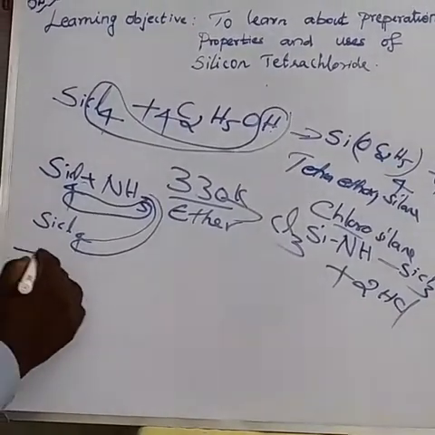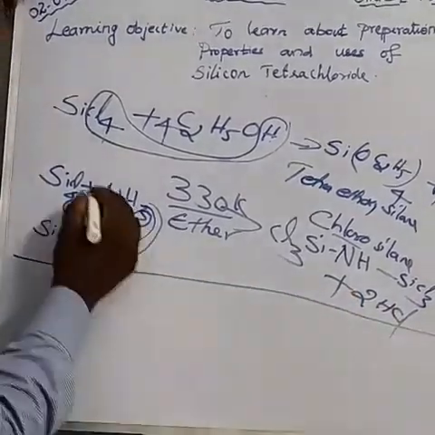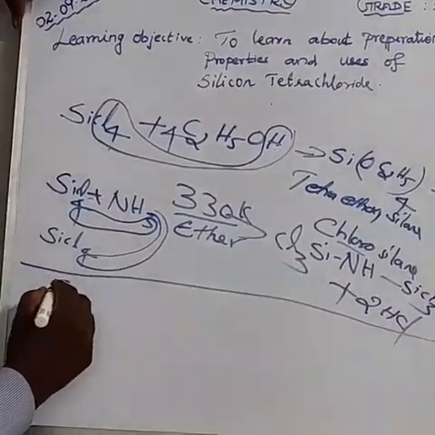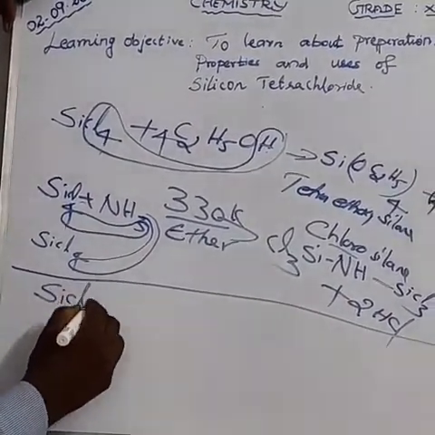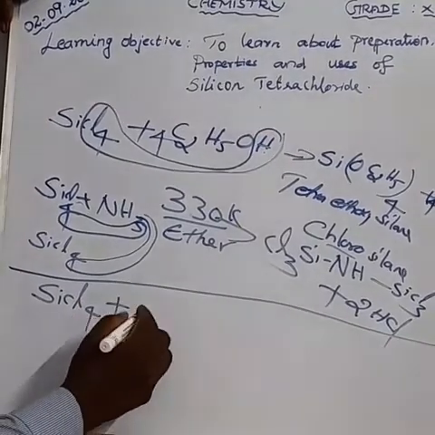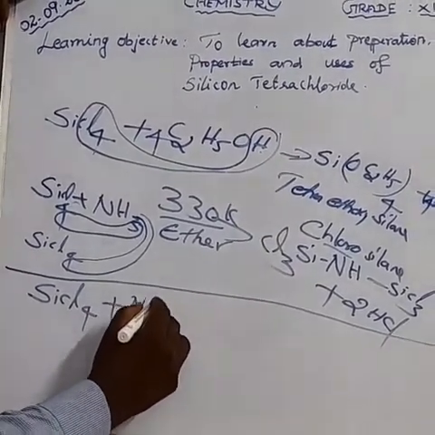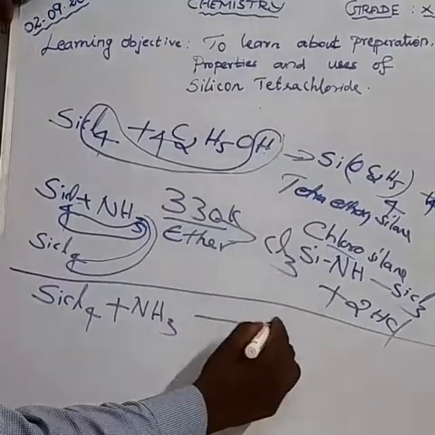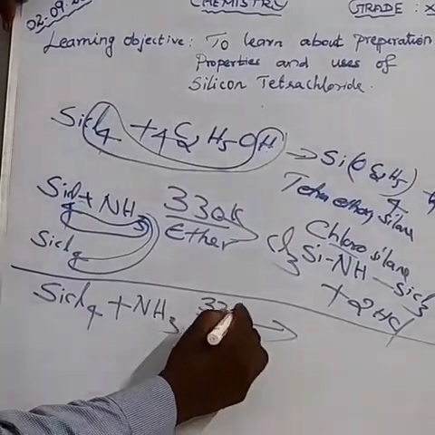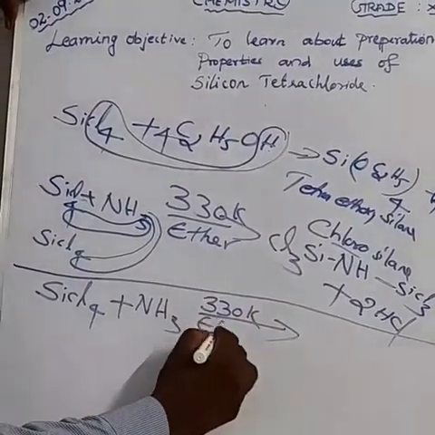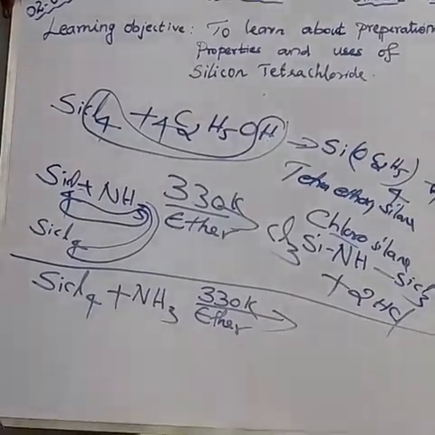Once more. First you write silicon tetrachloride, SiCl4, reacts with ammonia, NH3. The temperature is 330 Kelvin, in the presence of ether.